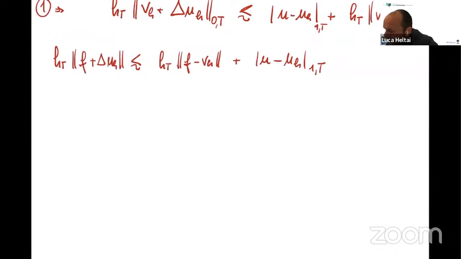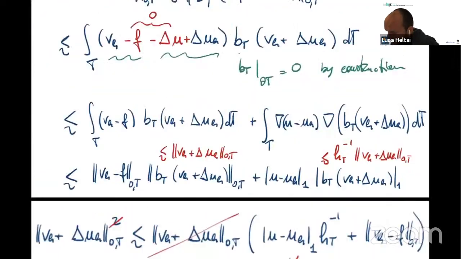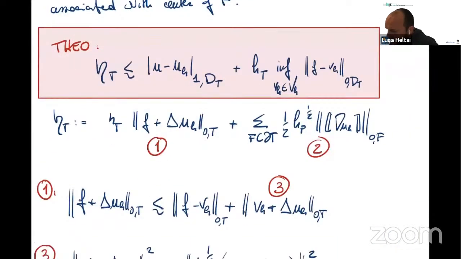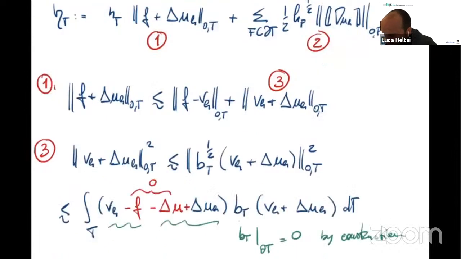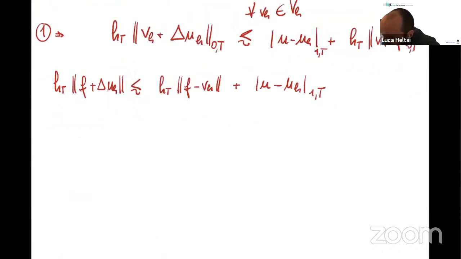Now, the second part, it's the inequality with respect to the face terms. So let's start by considering just this term for a moment. So I copy that, and I try to estimate this.